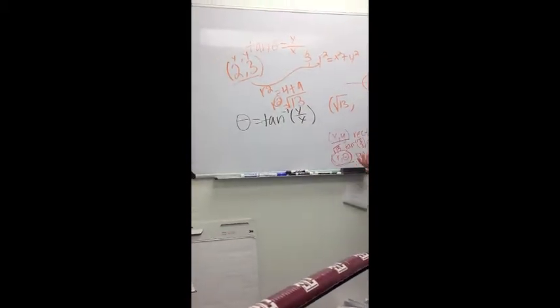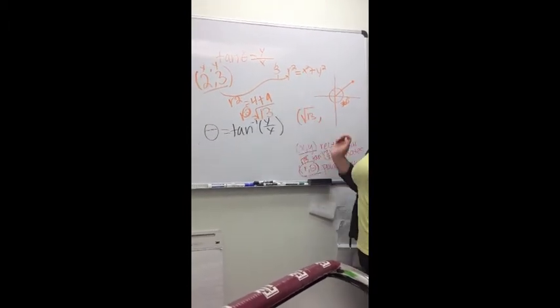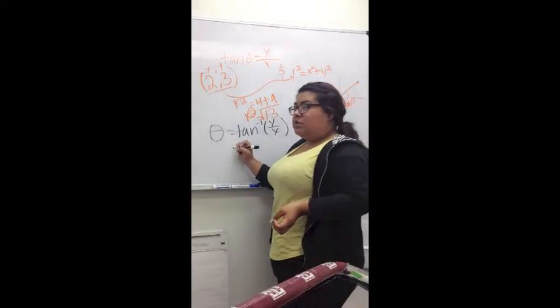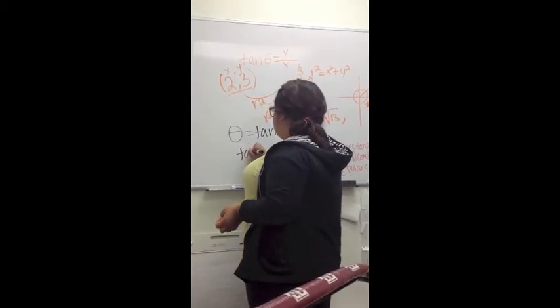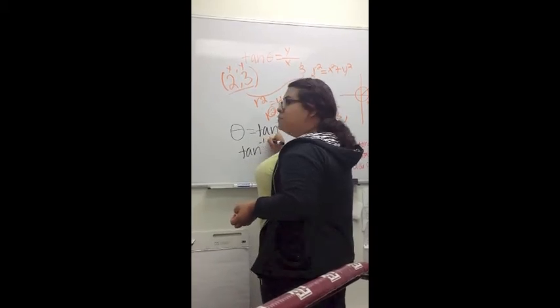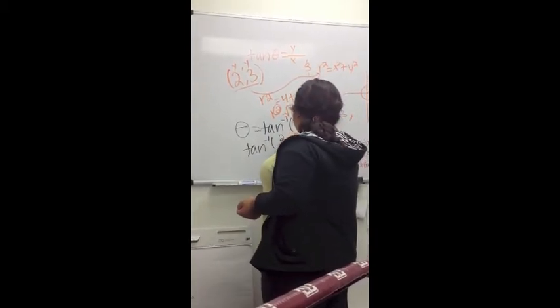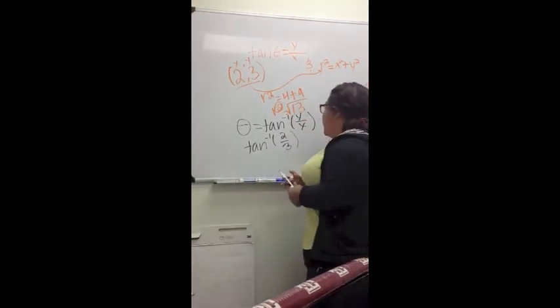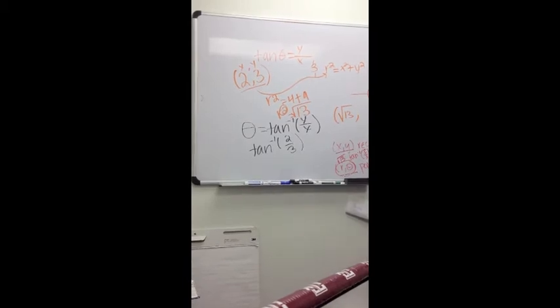And the same thing that we did earlier with the substitution, you're going to do the same thing. So you're going to do tangent inverse of 2 over 3. And to find this, you can just simply plug it into your calculator.